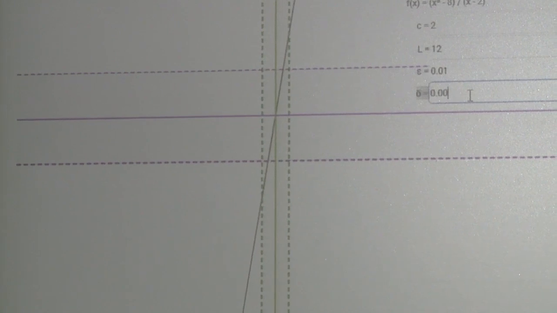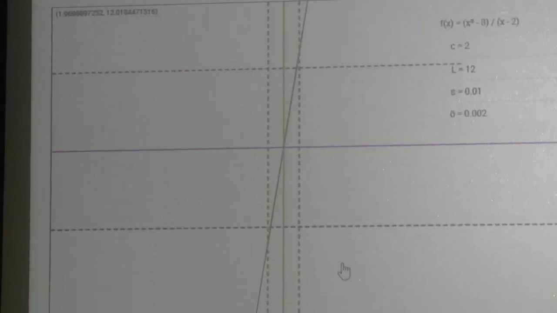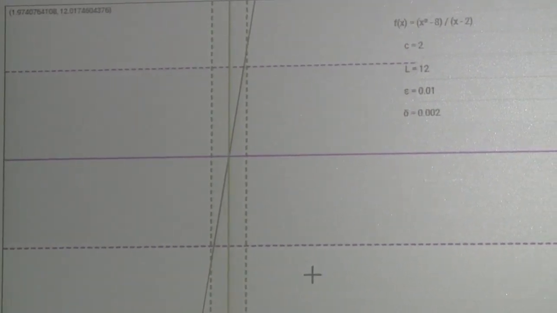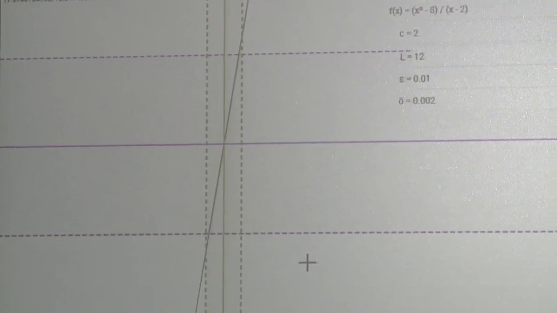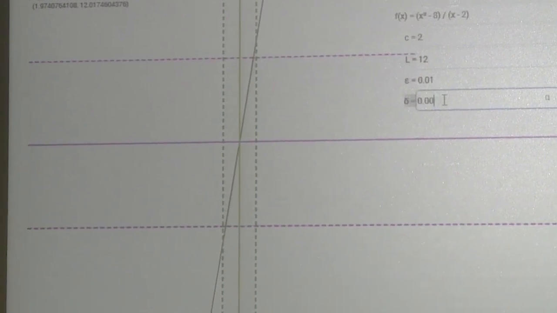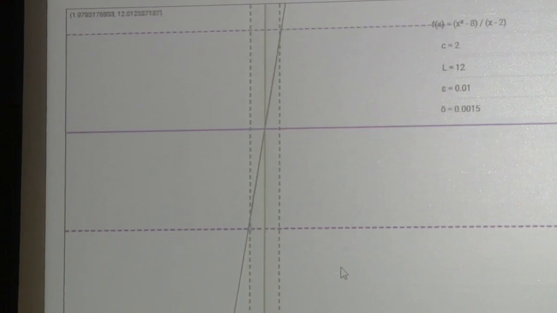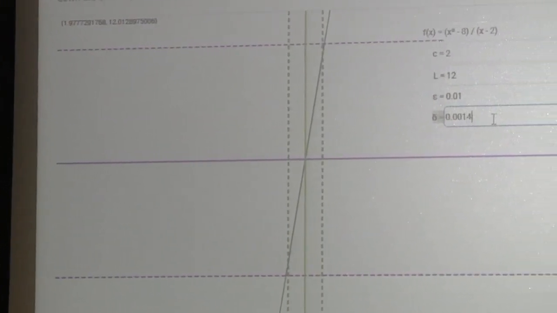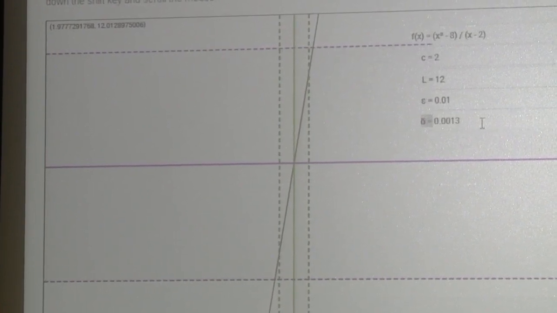No. I think it doesn't work, right? You can just see a tiny little bit here where the graph falls underneath and a tiny little bit there. So how about 0.015? That one works. And so then, as we said, anything smaller will work as well. 0.014, 0.013, they all work.